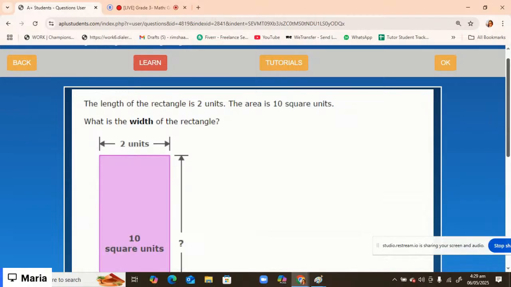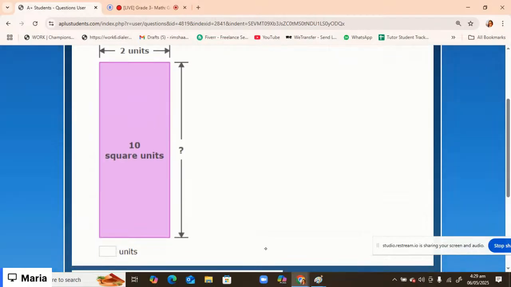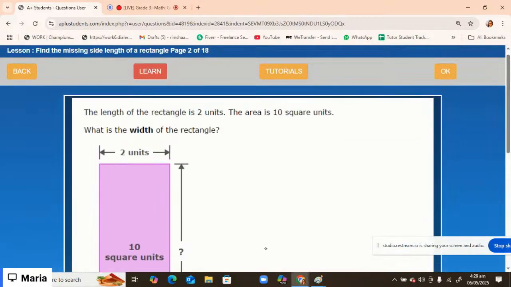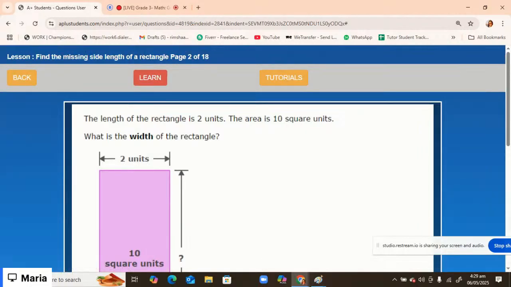Good. 2 times 5 is 10, so the width is 5. Everyone tell me, not only the one student. Everyone solve the question in your notebook, please.